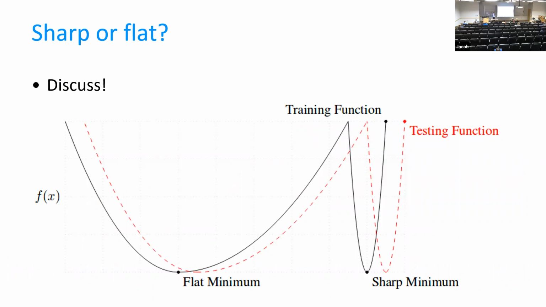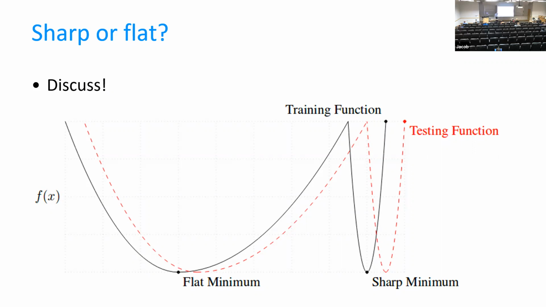So here we have two functions, a training loss function and a test loss function. The idea generally in deep learning and machine learning is that we are trying to optimize our training loss function with the hypothesis that the test loss function will generally follow a similar pattern, and that by minimizing the training loss, we will also minimize the test loss.